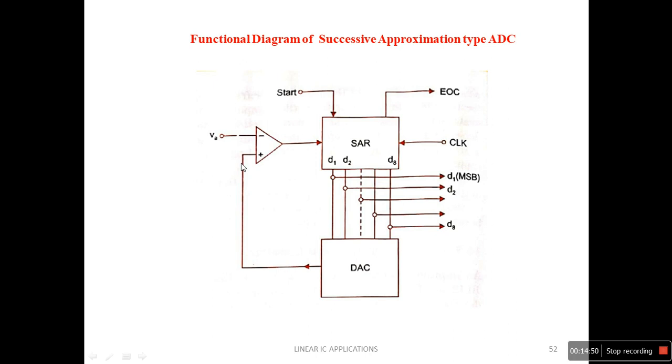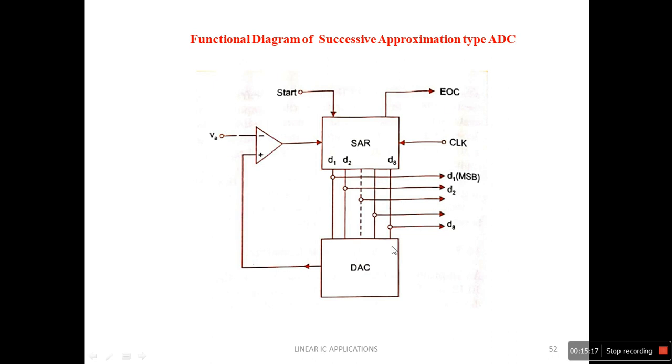If the analog voltage is greater than this one, it keeps the present set bit as it is and sets the next bit, and goes on. If VA is less than this one, it resets the present set bit and sets the next bit. This process will be continued till VD is equal to VA.